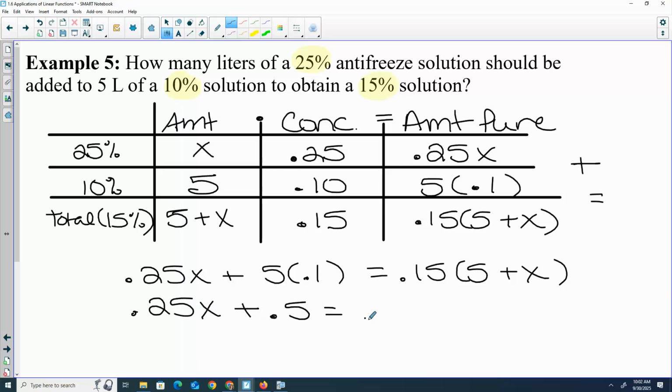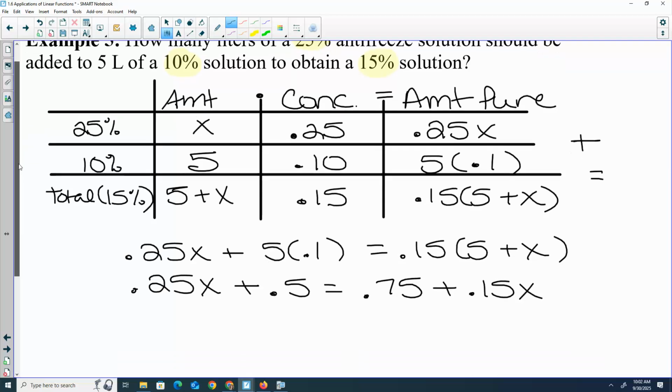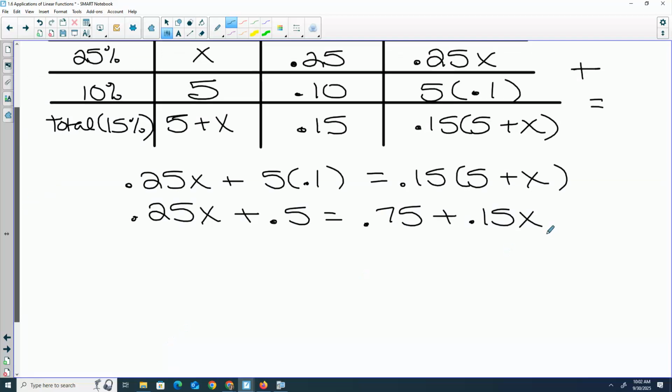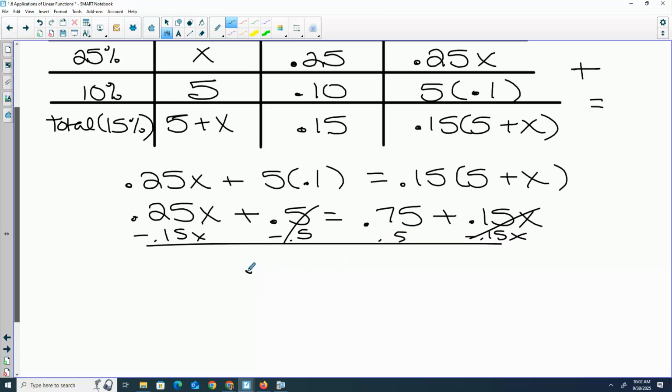So if we multiply out, and if I subtract over my 0.15, we get 0.1x equals 0.25 divided by 0.1, and x is 2.5.